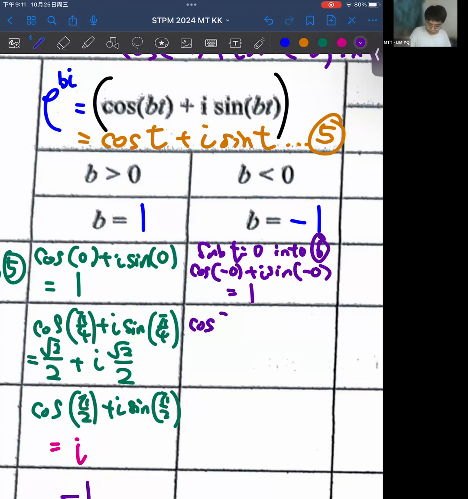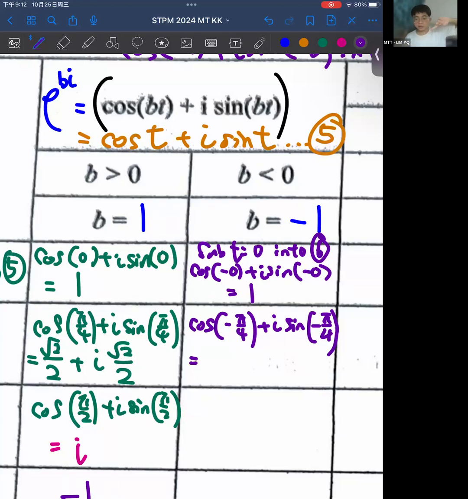For the second one, you substitute pi over 4. But notice here you already have negative. Cos -pi over 4 plus i sin -pi over 4. What value is this? Let me think. You can use a calculator also. If you don't want to use a calculator, just imagine on the complex plane, the direction here is now to quadrant 4, your x is positive, your y is negative.